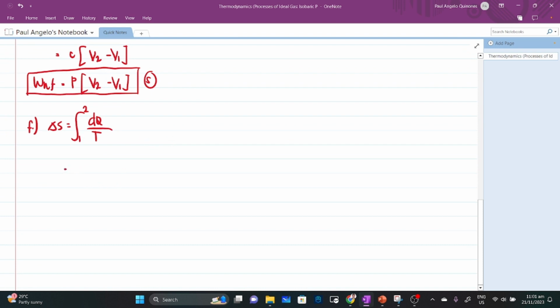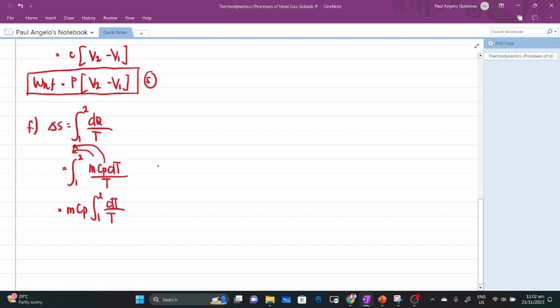This will be the integral from point 1 to 2 of mCp dT over T. Since the mass is conserved and Cp is constant as well, we eliminate them outside the integral. So we will have mCp times the integral from point 1 to point 2 of dT over T.